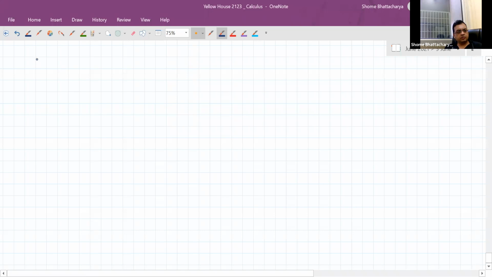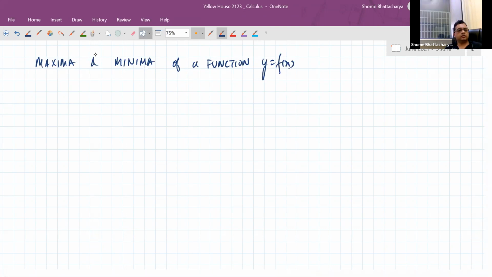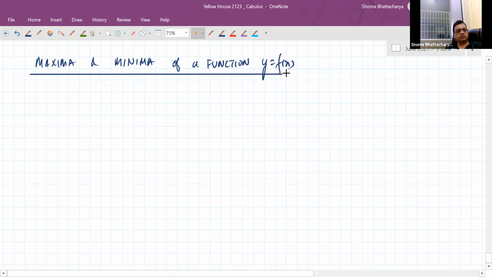So now coming to the concept of maxima and minima of a function y is equal to f(x). So we'll see that firstly there is something called global maxima and minima.